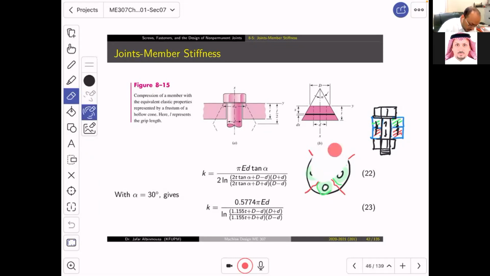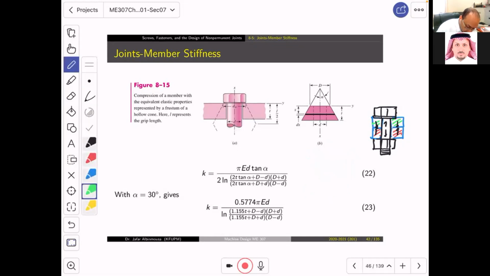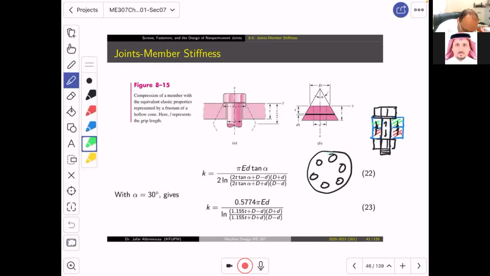So alternatively, what we can do is this. We can put more bolts, and there you go. The green regions now overlap. You don't have to clamp the bolt until they break, and your joint is safe.